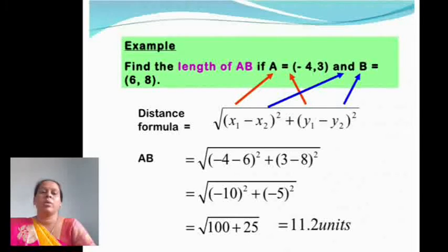By calculation, minus 4 minus 6 becomes minus 10, and the square of minus 10 is 100. Similarly, 3 minus 8 becomes minus 5, and the square of minus 5 is 25, and your distance becomes under root 100 plus 25, which is under root 125. If you don't know the square root value, you can write it as it is, under root 125. It is also fine.